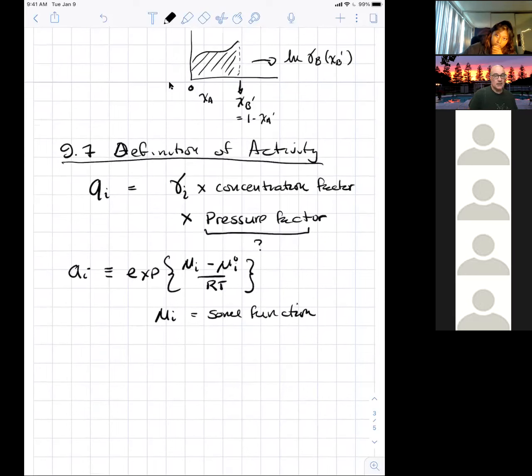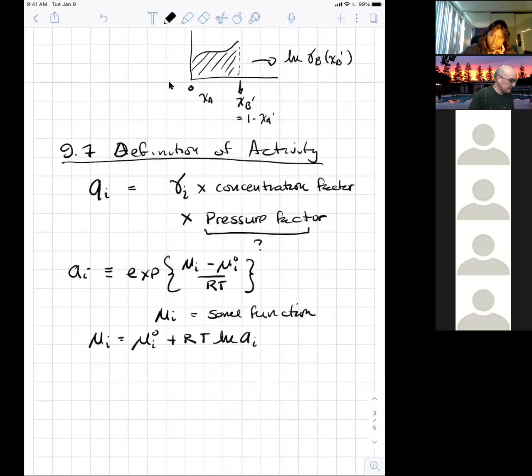So it's not misleading, but it's just a compact form of this. The other way we can look at this is written in terms of the activity. We can say that the chemical potential is some standard chemical potential plus RT log of the activity. So that activity is actually going to wrap up everything we've talked about.